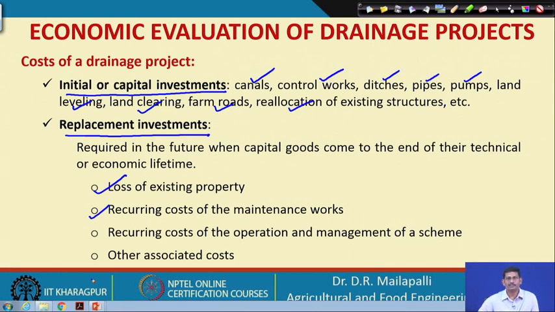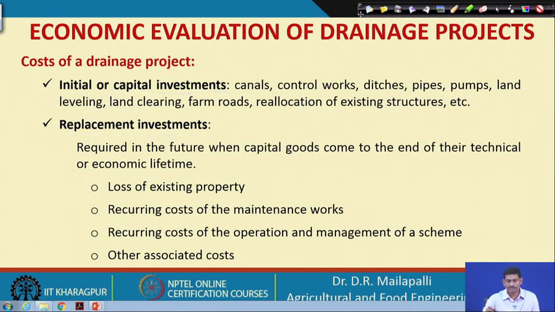Every year you have to put some cost on maintenance, and recurring costs of operation and management of the scheme, and other associated costs such as remodeling. So there are two broad categories of costs: the first is investment, the initial cost, and the second is the maintenance cost.